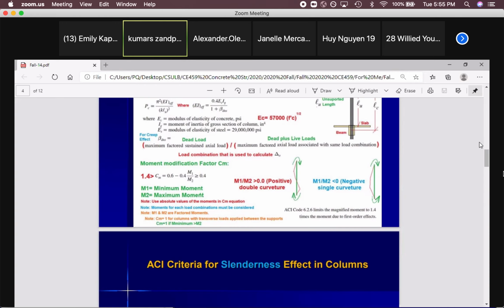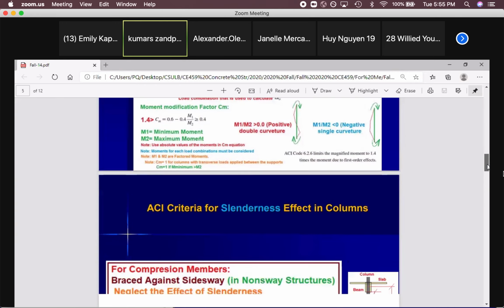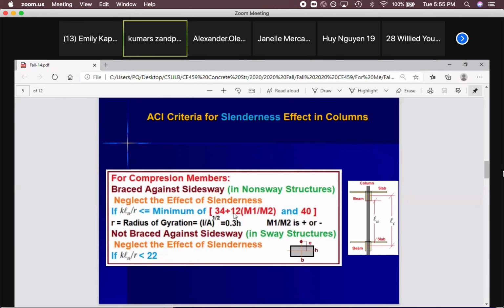Double curvature is positive. So you can calculate a number here, compare it with 40, and between these two pick the minimum.